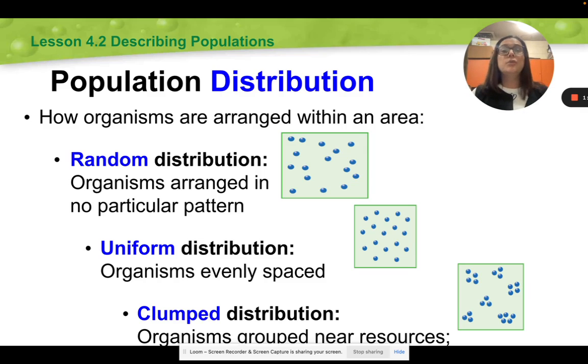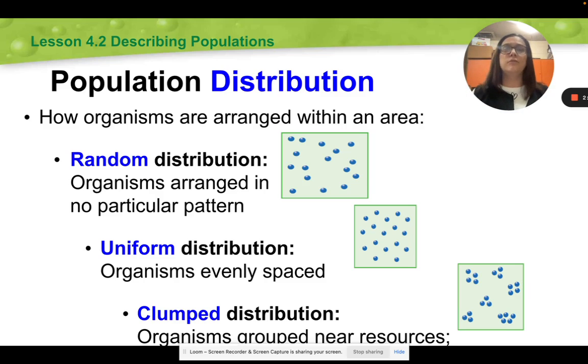Okay. Uniform distribution, we see in a couple different ways. This is when living things are evenly spaced. So obviously when we plant orchards or crops, we have uniform distribution, right? We purposely plant them in a specific way. But there are also, in nature, sometimes living things that produce toxins that make it so that other things don't go around them. They limit that, or they produce those toxins, for a specific area.